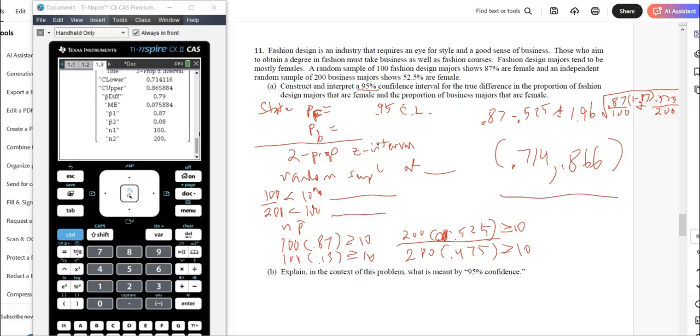Now the conclusion: we are 95% confident the interval from 0.714 to 0.866 contains the true proportion difference between the proportion of females at fashion majors or business majors.